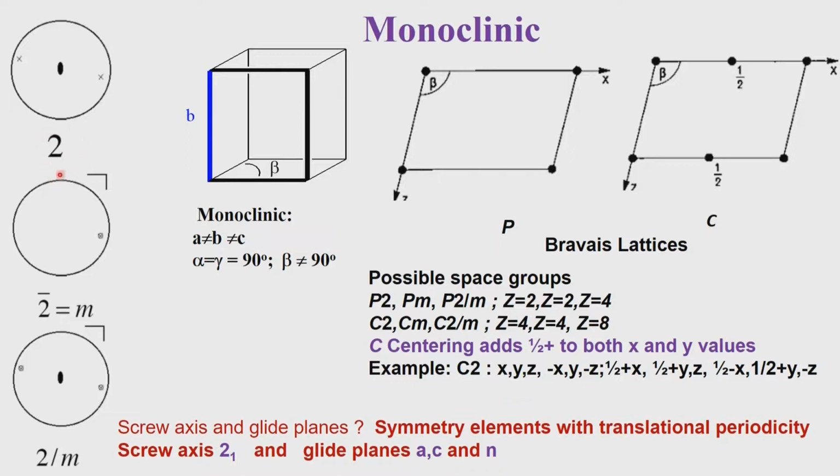So we will have a screw axis replacing the two-fold here. That will give us the new point group, and the new point group can be present here as well. It could be 2-1 divided by m, that means a 2-1 operation with a mirror perpendicular to that. That is also a possible operation of the point group symmetry.